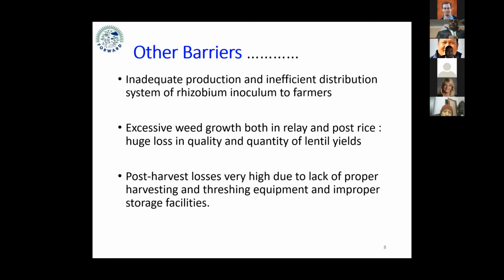Then there is excessive weed growth, both in relay and post-rice lentils. Due to that, there is huge loss of quality and quantity of lentils. And the other barrier is that post-harvest losses are very high due to lack of proper harvesting and threshing equipment, and also improper storage facilities. Next, please.